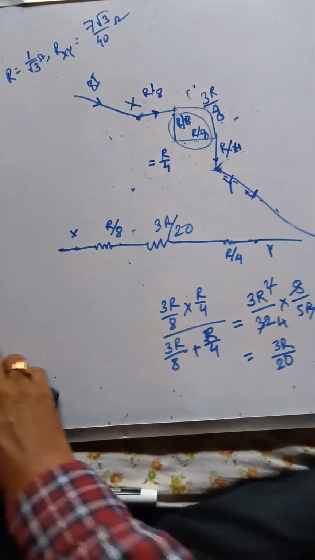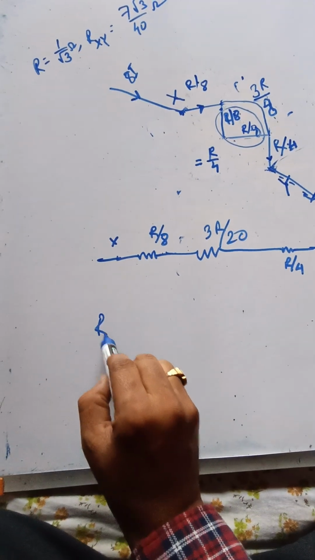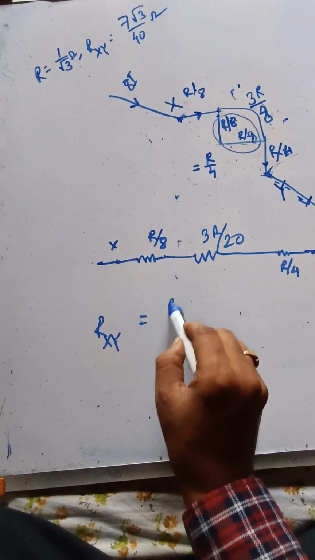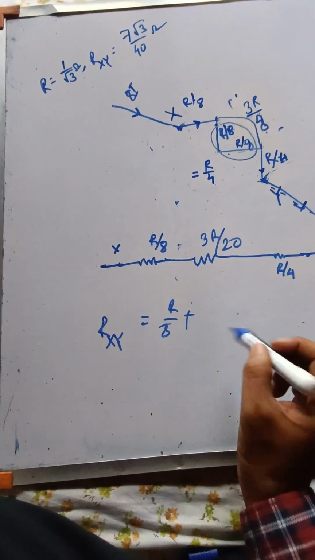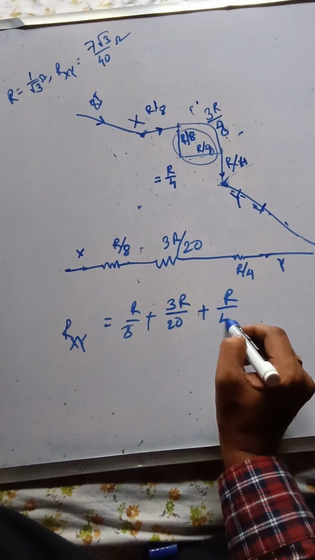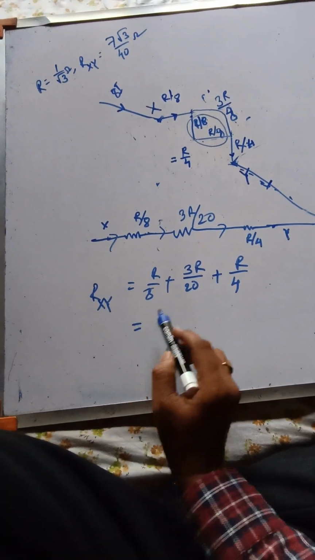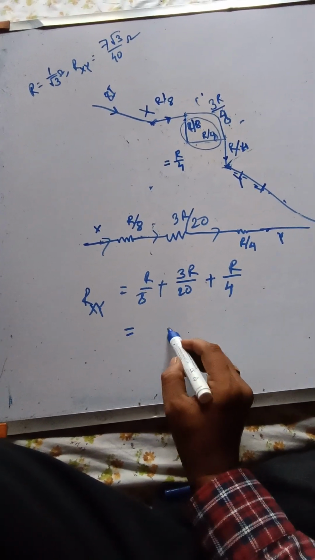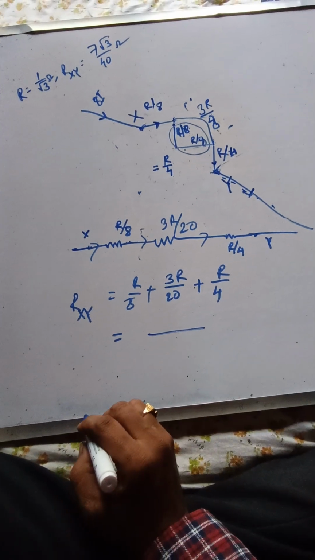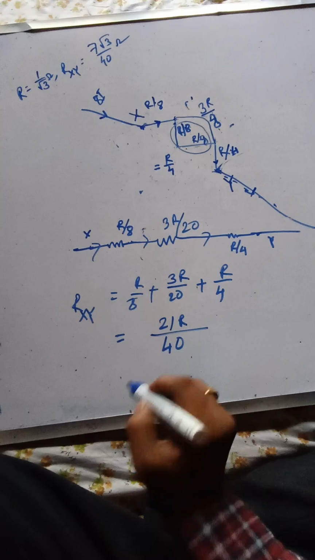Now what will be the result? The equivalent resistance between X and Y equals R by 8 plus 3R by 20 plus R by 4. This is a series connection, so this will become 21R by 40.